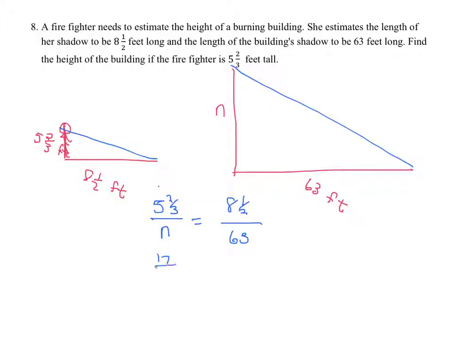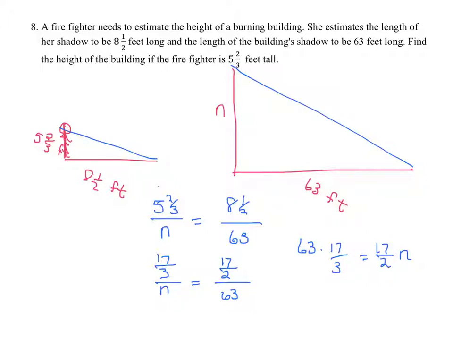So I get 17/3 over n is equal to 17/2 over 63. Multiply both sides. So 63 times 17 over 3 is equal to 17 over 2 times n.